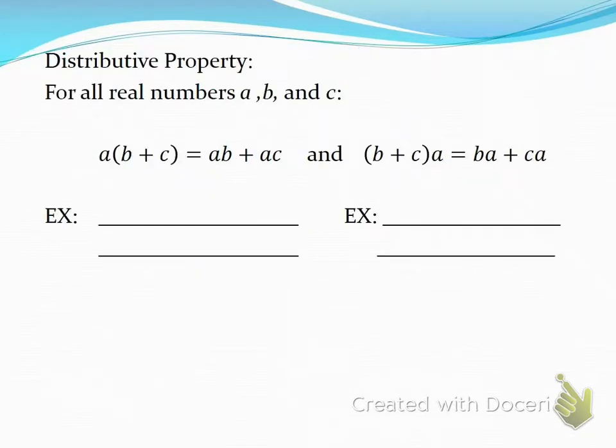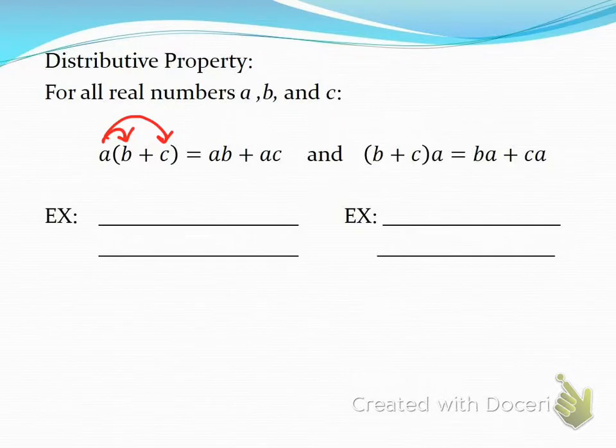In our notes, we should have the distributive property for all real numbers A, B, and C. A(B + C) is equal to AB + AC. Usually this is taught with the arrows.